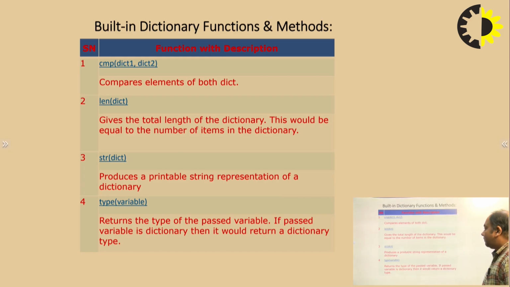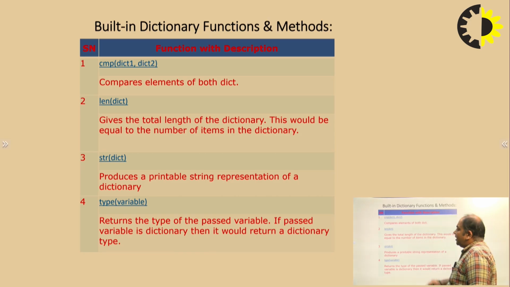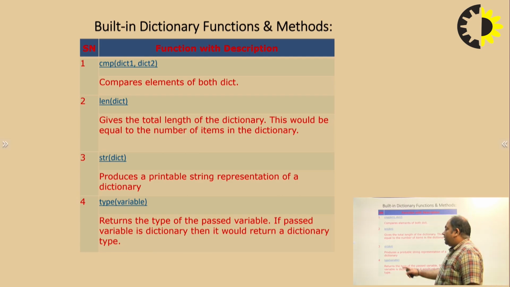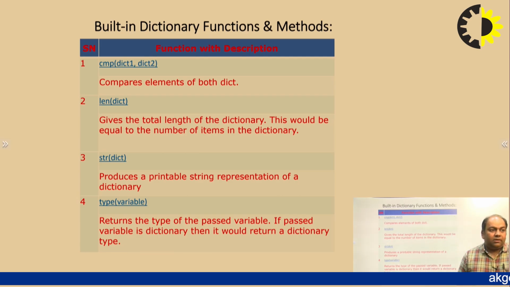First is compare. When we want to compare the elements of two dictionaries, we write cmp. When we try to find the length of the dictionary, we give len. When we want to print a string form of the dictionary, then we write str.